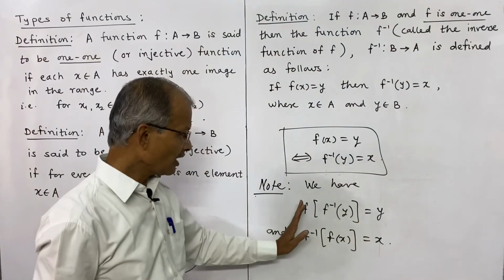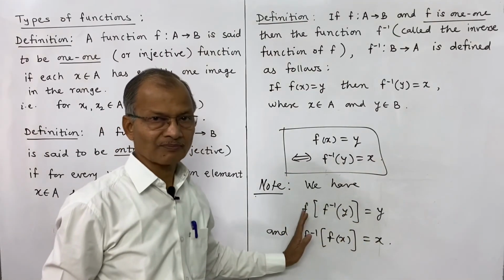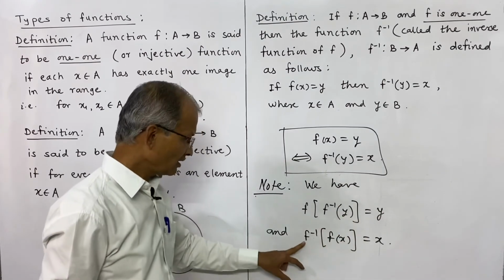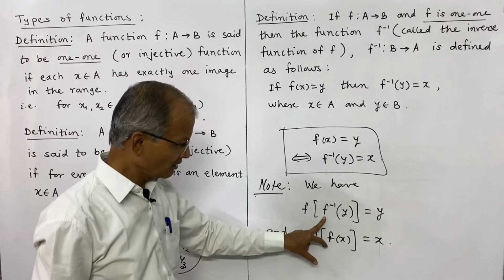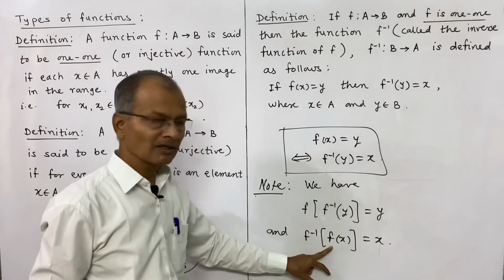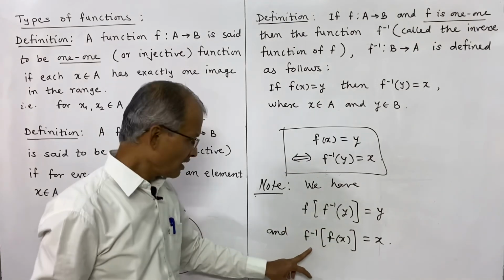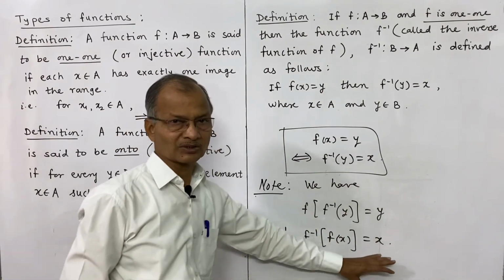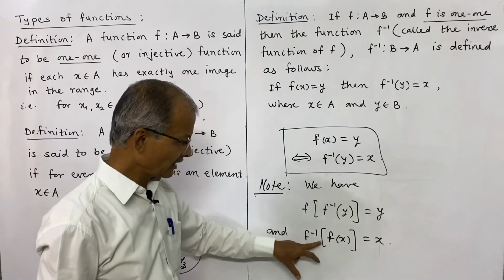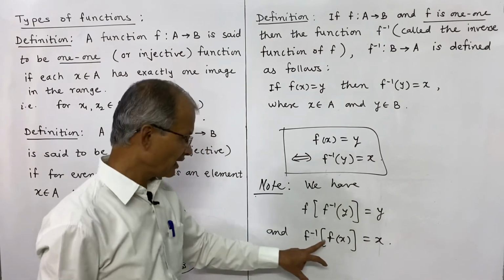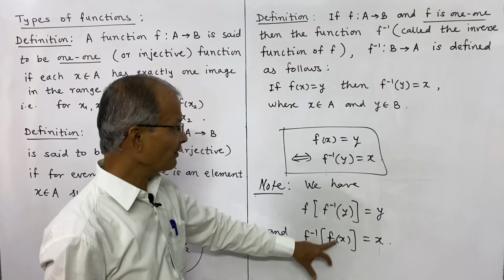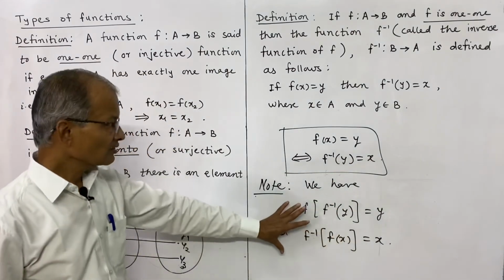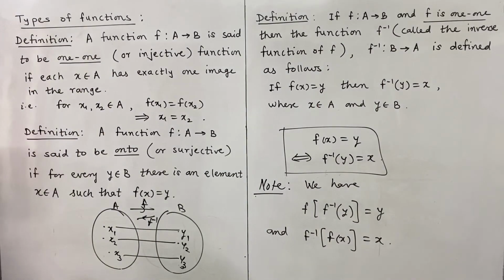So the composition of a function and its inverse cancels, and we get the same element both ways, f into f inverse or f inverse into f. The composition of f and its inverse gives the identity function, and the effect cancels and we get the original element. For f inverse of f of x: what is f of x? That is y, and f inverse of y is x. So this is the meaning of the inverse function.